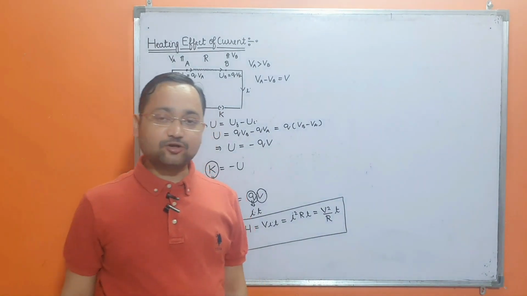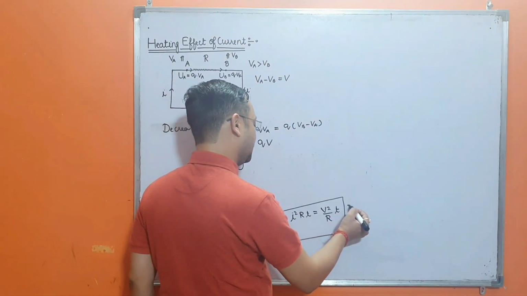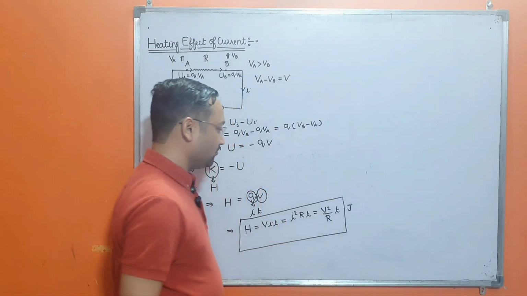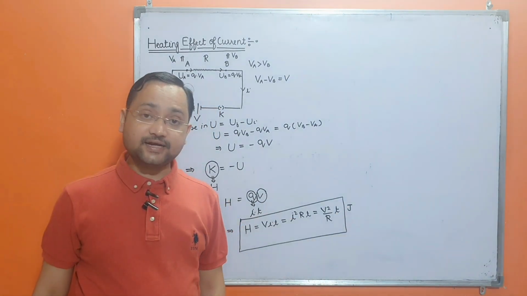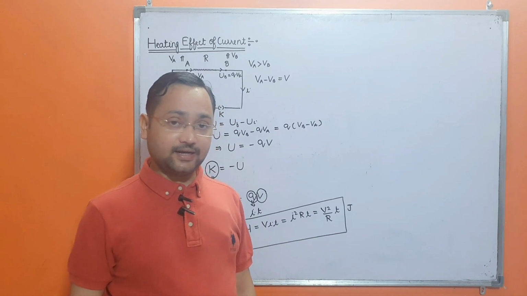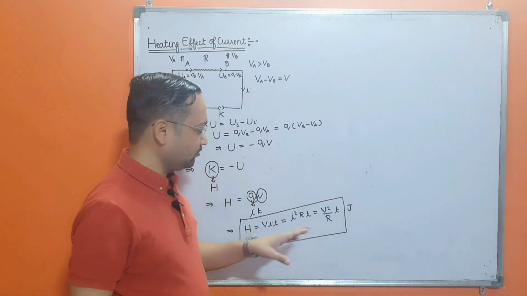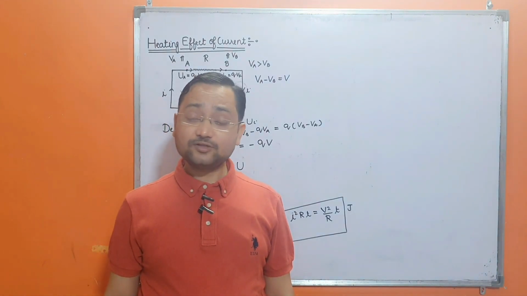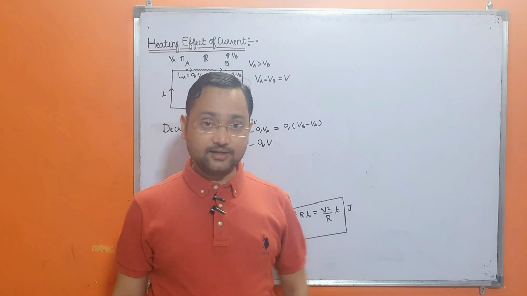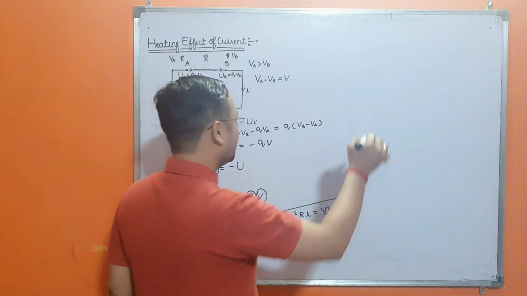If these are in SI units, it will be in joules. If we want to find the heat in calories, we divide by the Joule's constant, 4.18, rounded off to 4.2, and then we get the heat in the unit of calorie. So this is the expression of the heat.